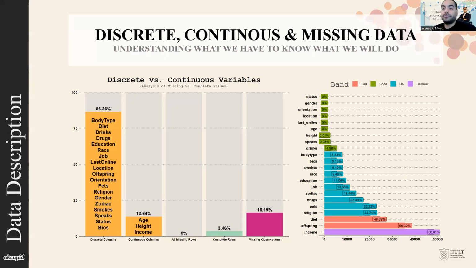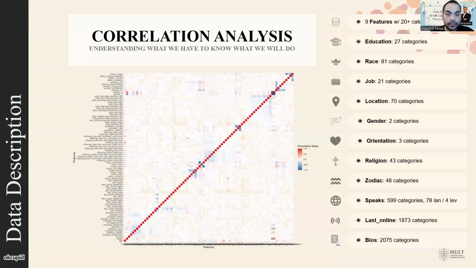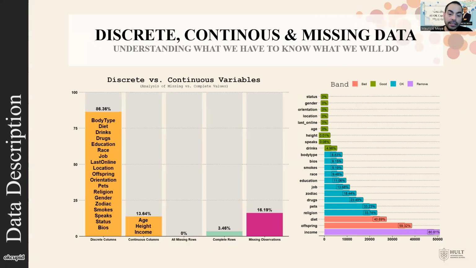Along this data frame, we only found 3.46% of rows that are completely clean. And we found that more than 50% of the data has more missing values than is desired in a data set in order to analyze it properly. By the way, this is going to be a nice insight later about the income, which has 80% missing data.